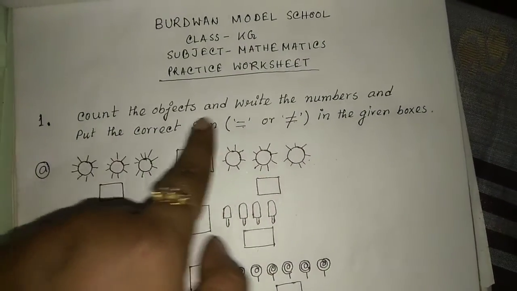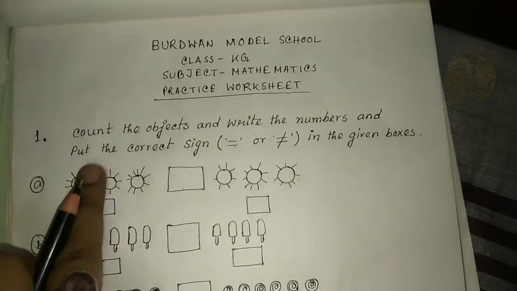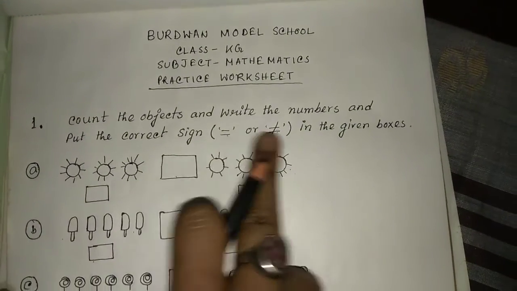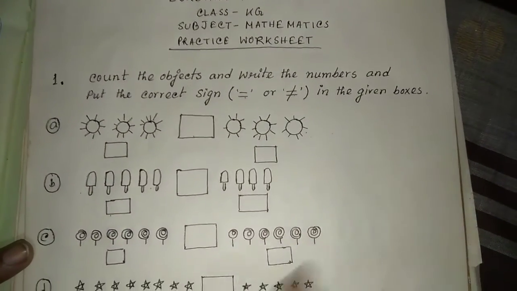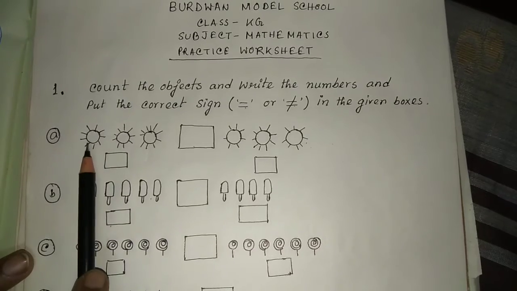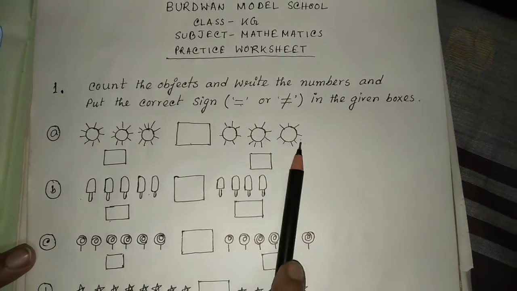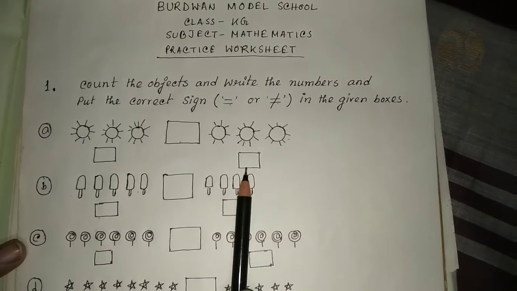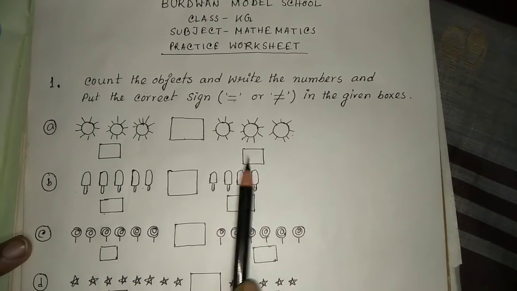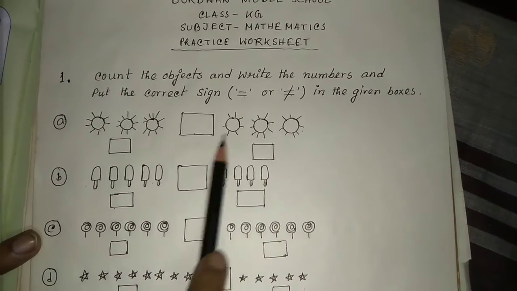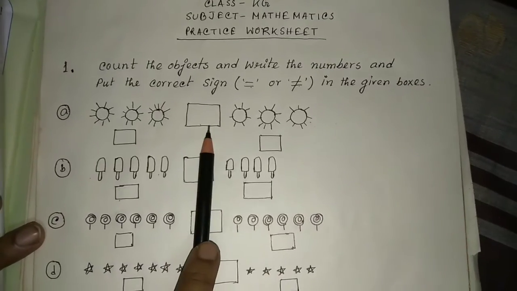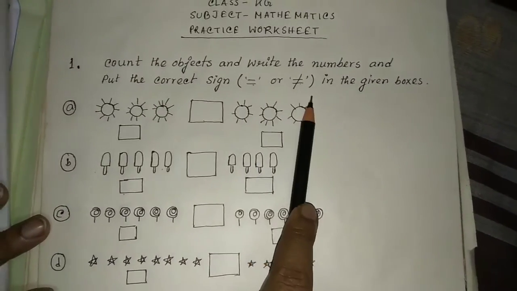First count the objects and write the numbers, and put the correct sign, equal or not equal, in the given boxes. First count the objects and write the number in the box. Again count the objects on the right side and write the number in the box. Then you will decide which sign to put, equal or not equal.